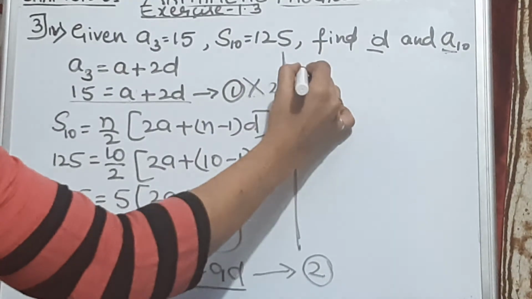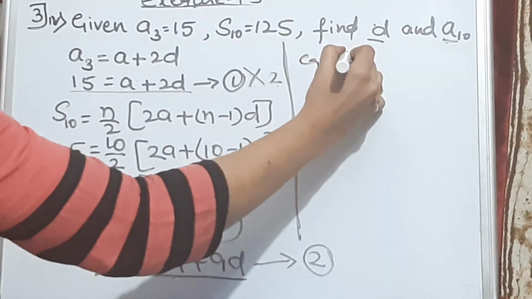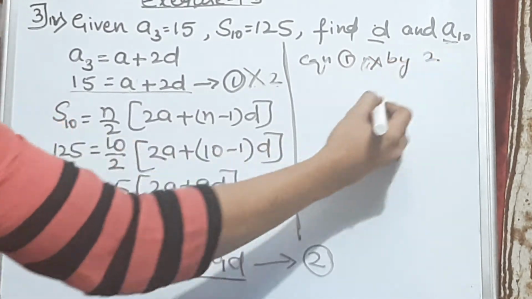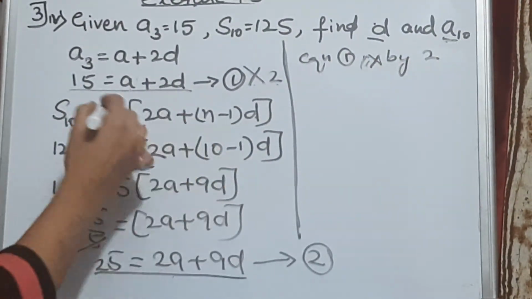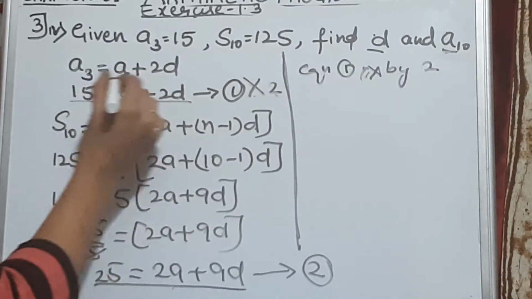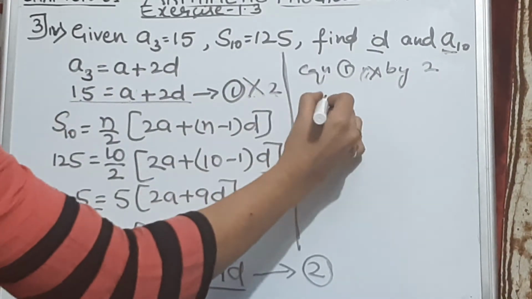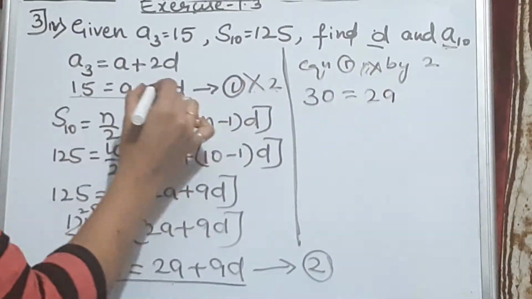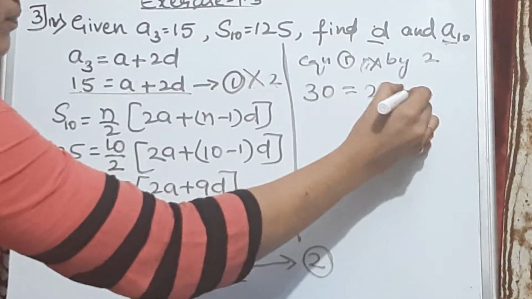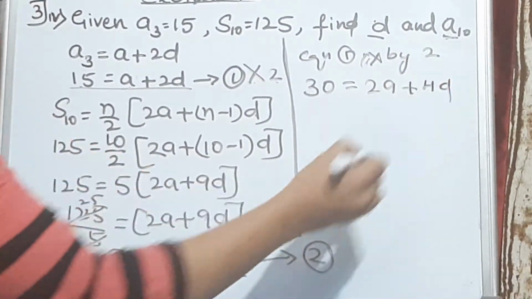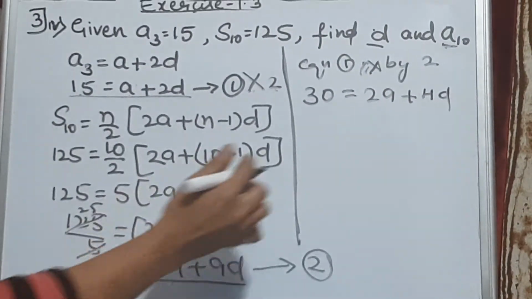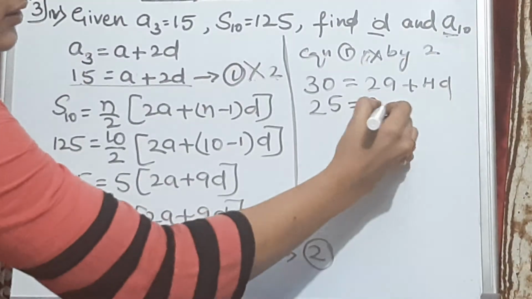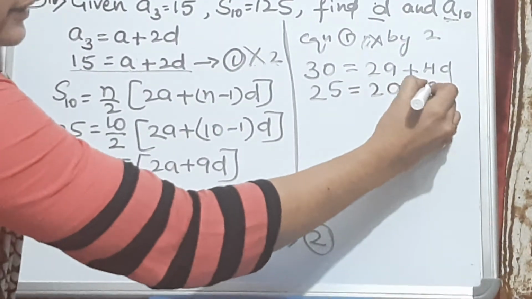Now equation 1 multiplied by 2 to get the values of A and D. How will it work? 2 times 15 is 30, 2 into A is 2A, 2 times 2D is 4D. Now the other equation: 25 equals 2A plus 9D.